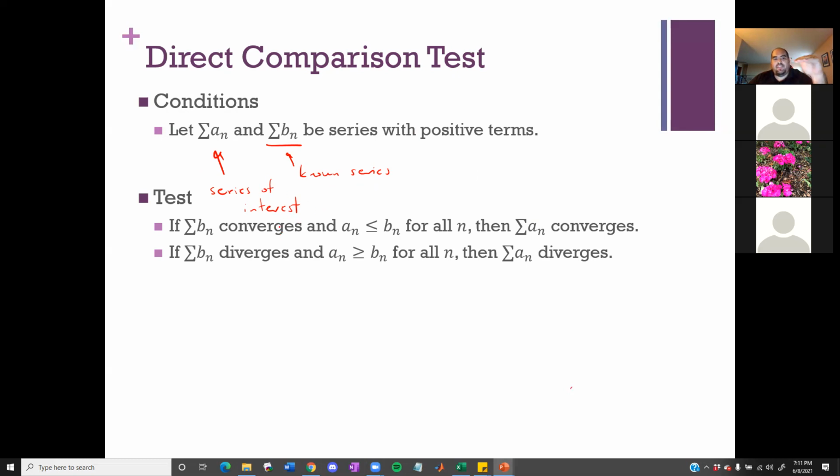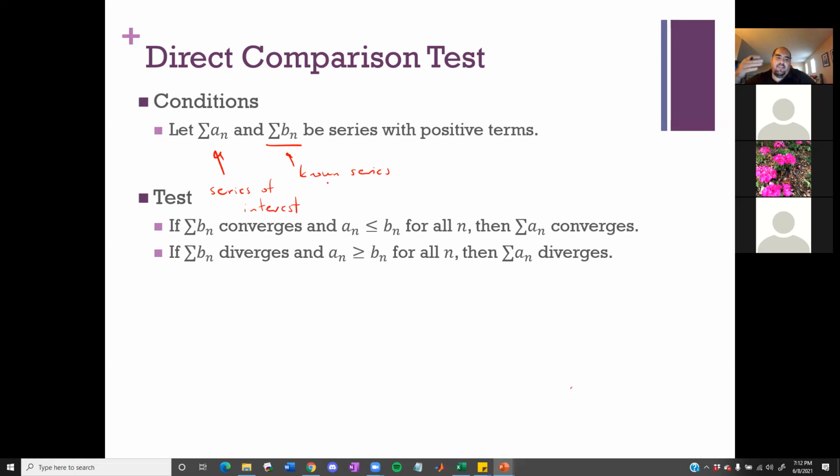So if I have a series that converges, and let's think back to the integral test, if I have this integral that converges and my series is going to have a smaller sum, then that smaller sum is also going to converge. That's really the same rationale for that top bullet there. If the series Bn converges and all the corresponding terms of my sequence A are less than they are in the corresponding sequence for B, then the series for A sub n has to converge as well.